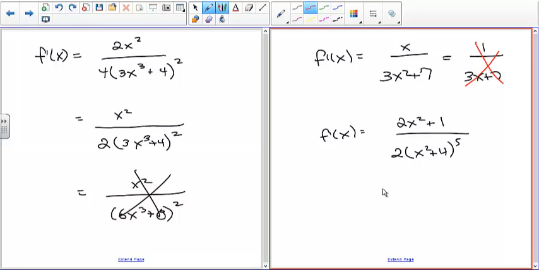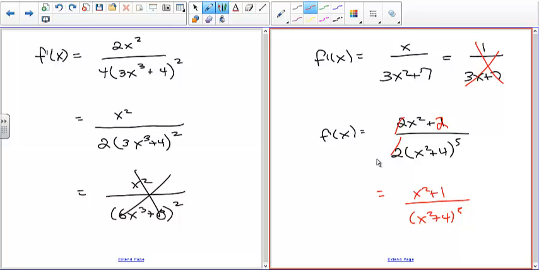So this would be incorrect. This is wrong. Because you say, oh, I'll cancel out the 2's. Well, that's true. You did do that, but it's wrong. If you wanted to do that, this would have to be also a 2, so that you divide each one of these by that common factor.